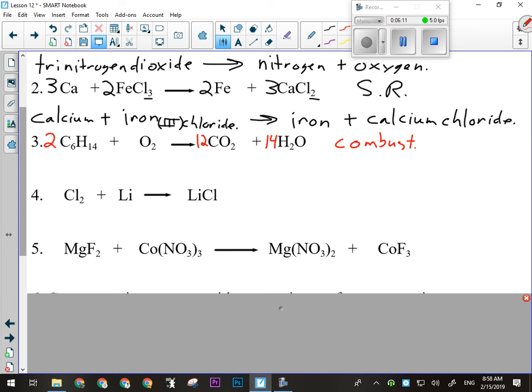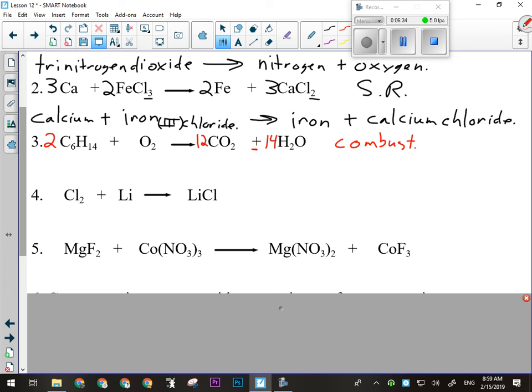Now I have oxygen left. The trick with oxygen is it is in 3 different places in the reaction. Once in the reactants and twice in the product. So I need to make sure that I add all the oxygens together. That's why there's a plus sign in this reaction, or in the chemical equation. So in the carbon dioxide, I have 24 oxygens, 12 times 2.